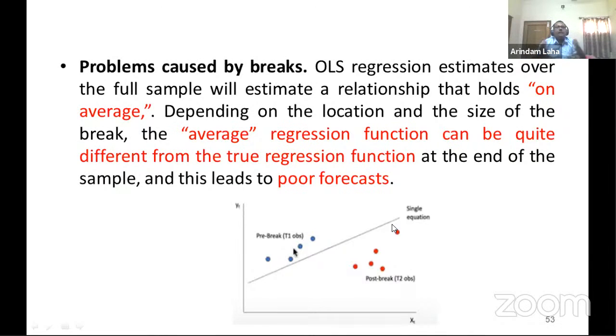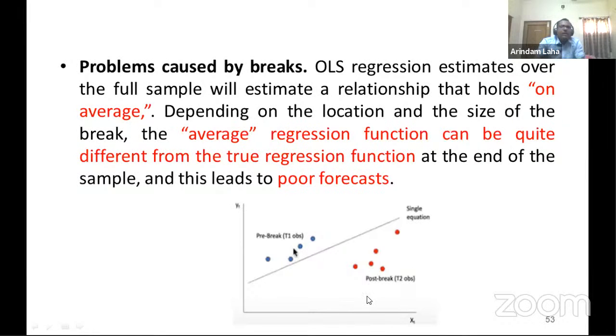So this is the basic trend. But if you are dealing with subsamples, these can be for the pre-sample, these for the post-sample. With two regressions, one regression can be in this direction, another in this direction.